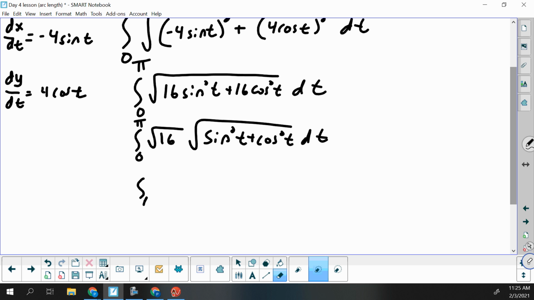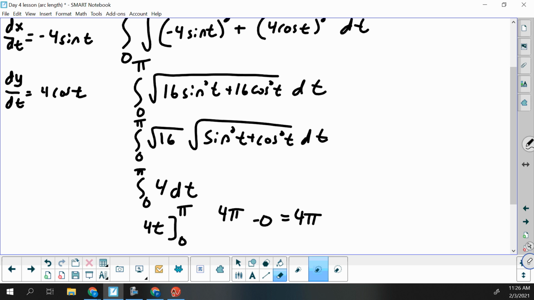Well, square root of 16 is just 4. And sine squared plus cos squared is just 1. Square root of 1 is 1, so this is just 4 dt. The antiderivative of 4 is just 4t. We're going to evaluate it from 0 to pi. Sorry, I wrote the 4 again by mistake. So we'll have 4 pi minus 0 equals 4 pi.